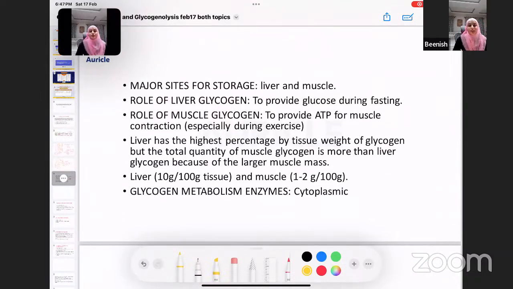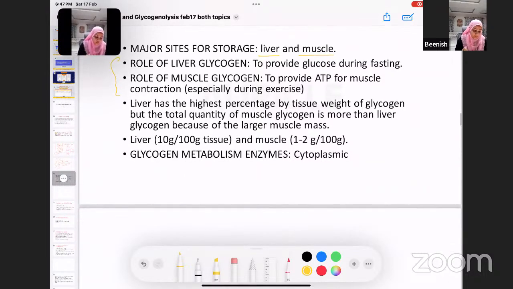Now, what are the major sites where glycogen is stored? It is stored in the liver and in muscle. Now, what is the role of liver glycogen? Liver glycogen aims to provide glucose during fasting, whereas muscle glycogen provides ATP for muscle contraction, especially during exercise. These two points you will get to know in detail when we do lysis of glycogen.